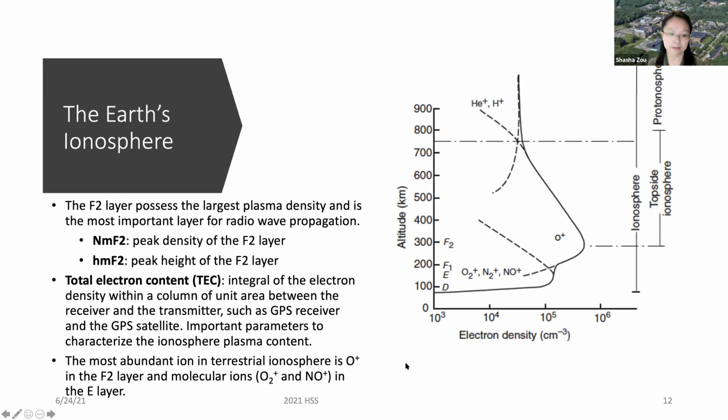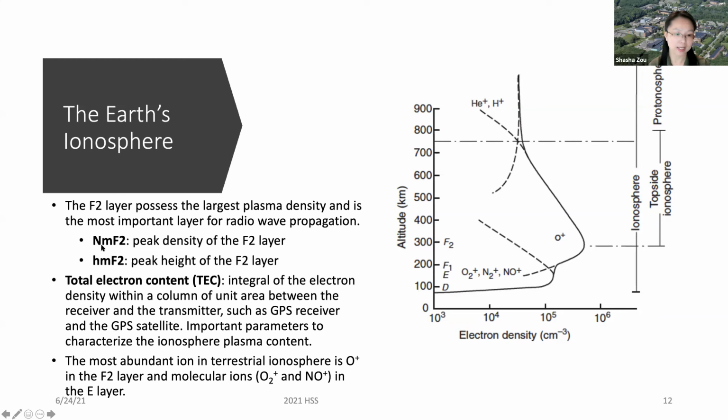Okay. So on this slide, I want to introduce some of the important concepts. I saw that many of you, when you do your ionosphere lab, you already started to use those concepts. So the F2 layer is, I have to say, one of the most important layers of the ionosphere, because the peak density happens here, right? And so we created those acronyms to make things easier.